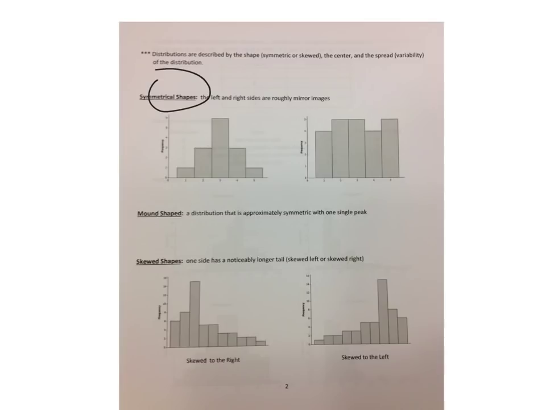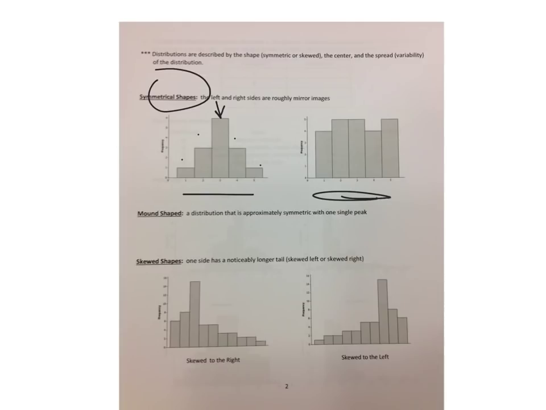The left and the right sides are roughly mirror images. And if you look at this one here, you've got your middle, then this side has 1 and 1, and then this side, and they're about the same size. This second one looks a little different, but it's pretty symmetric on both sides. They have a mound shape, a distribution that is approximately symmetric with one single peak.